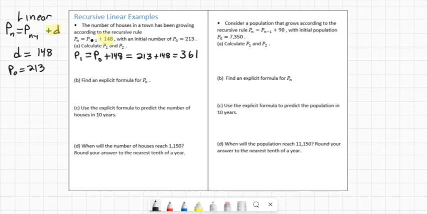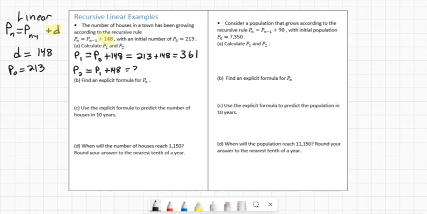Now we also want to calculate P sub 2. To work out P sub 2, we need to plug in a 2 into the formula. When we plug in a 2, the right side will get a 2 minus 1 subscript, and 2 minus 1 is 1. So we get P sub 2 equals P sub 1, again plus 148. This is good because we just got P sub 1.